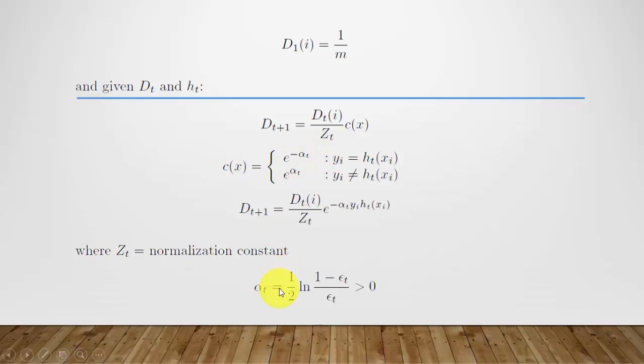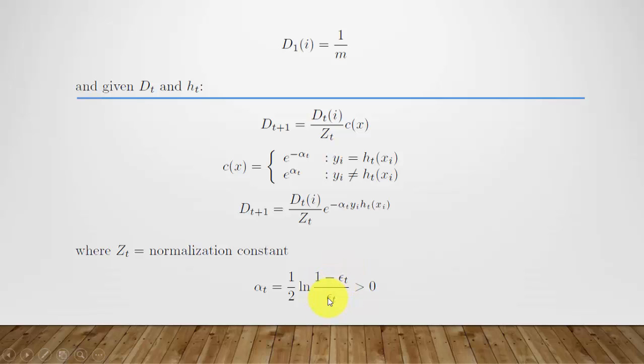Alpha is determined by this formula. It's really easy. We have to consider that the error is less than 0.5. For example, if the error is 0.5, 1 minus 0.5 is 0.5, and 0.5 over 0.5 is 1.